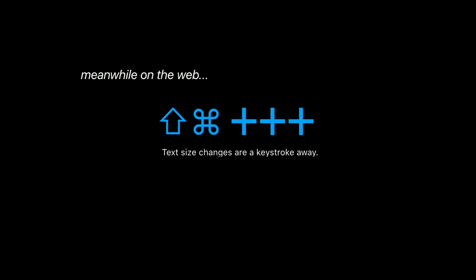Meanwhile, on the web, text size changes have always been kind of natural in browsers with a simple keystroke. And in the mid-2000s, a group of web designers initiated a CSS renaissance. And they were trading ideas about how to build layout around content that's changing and viewports that are changing.